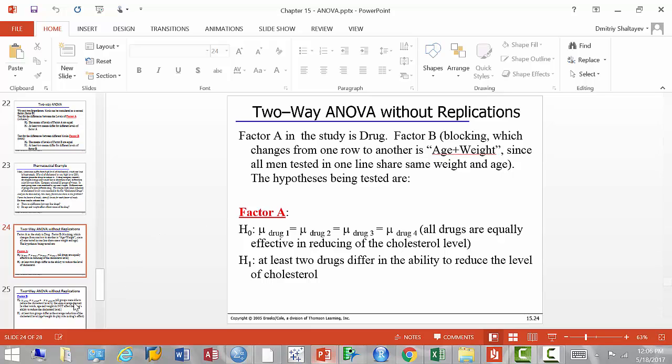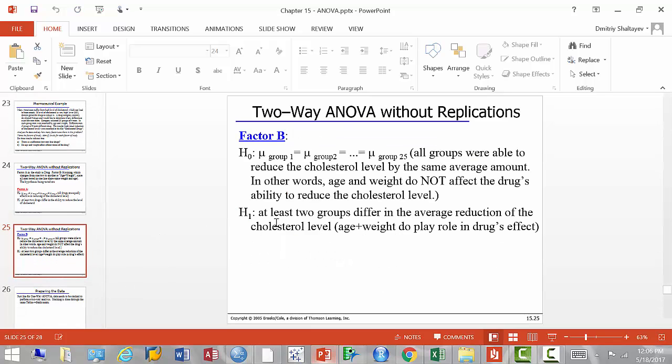So therefore, my second hypothesis that I will test will be exactly like that. All groups have exactly same mean. And I have 25 groups, right? So group number 1 had the same reduction of cholesterol on average. Group number 2, 3, 4, 5, etc. And if that's true, that means that age and weight don't really affect the results. Okay? So when you're testing the drugs, you don't have to pick people based on their age and weight.